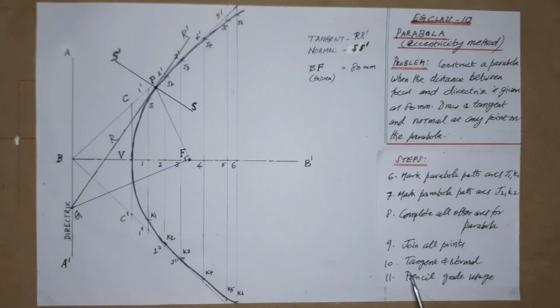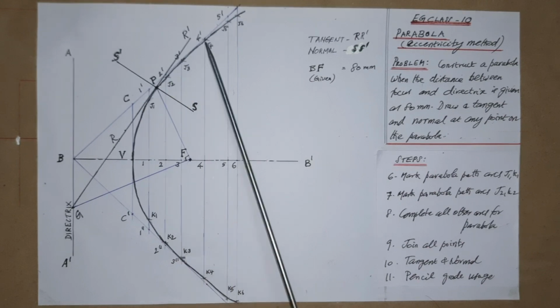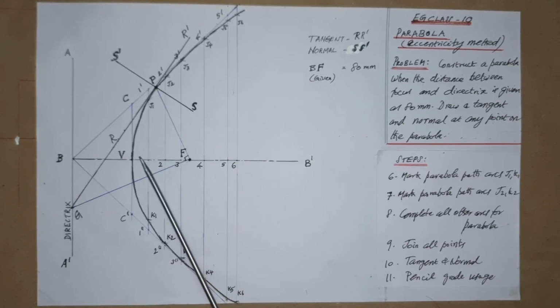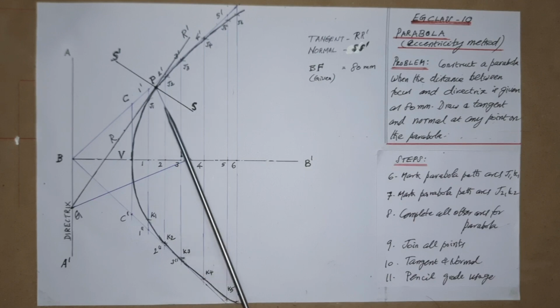Now as per step 10, to draw the tangent and normal, mark a point P on the parabola at a suitable place as shown. Any place on the curve may be chosen for P. Now join the point P and F, F is already known.